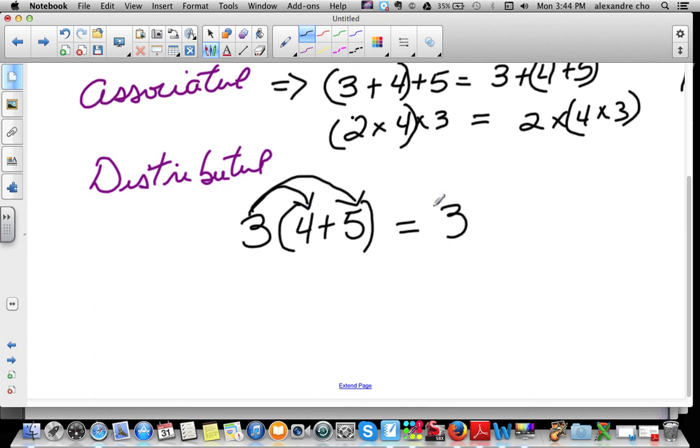So you're taking the 3 and you multiply it to 4 by 4. Then you're adding it to 3, multiplying it to 5. So that's pretty much it. I can't think of anything else that involves the questions that you're doing today.